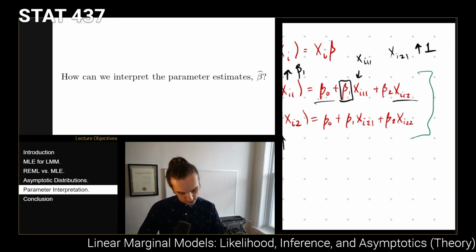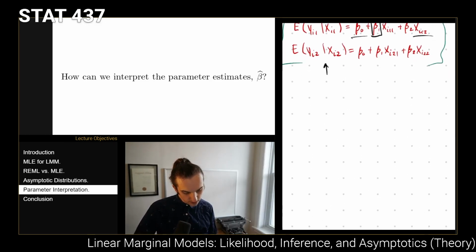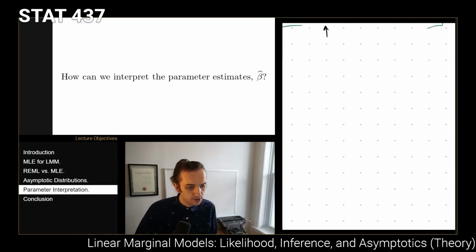So it's going to represent a unit increase in the expected outcome, assuming that the second covariate stays the same.